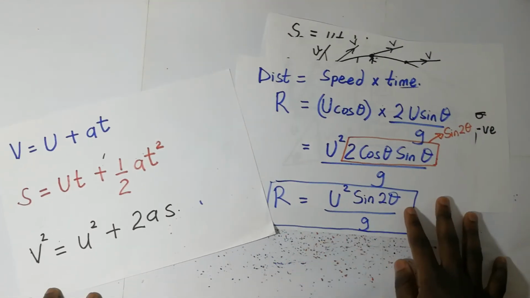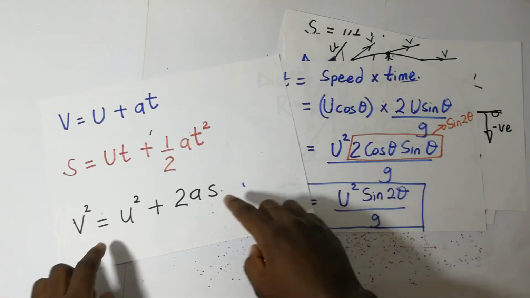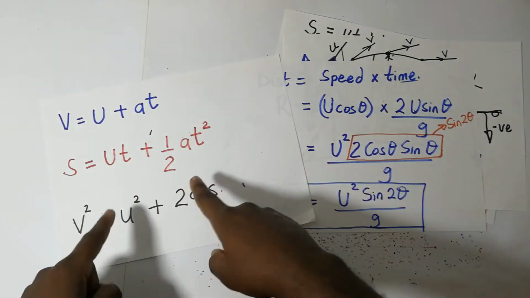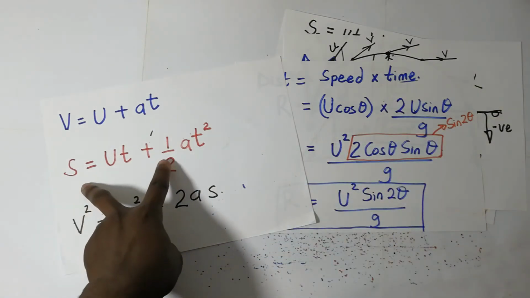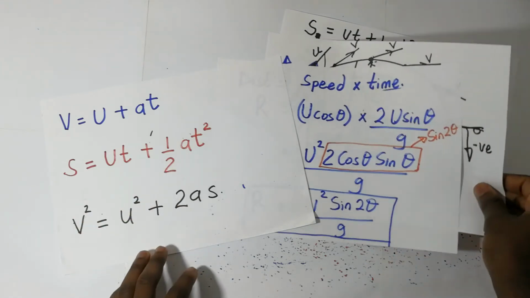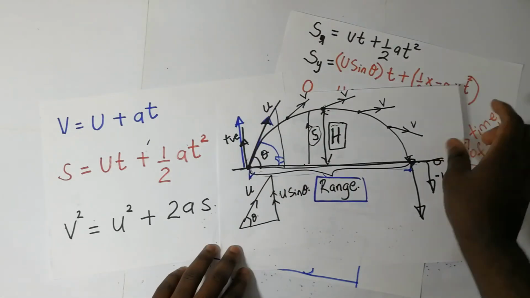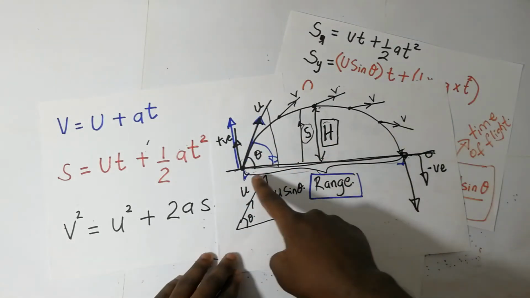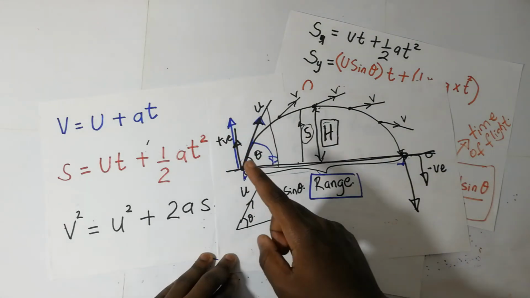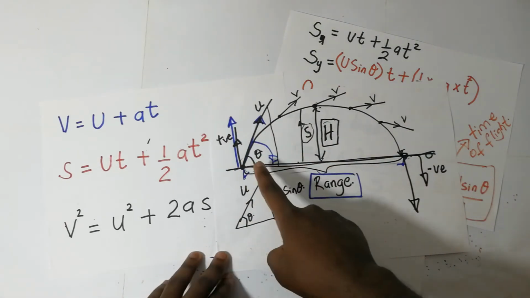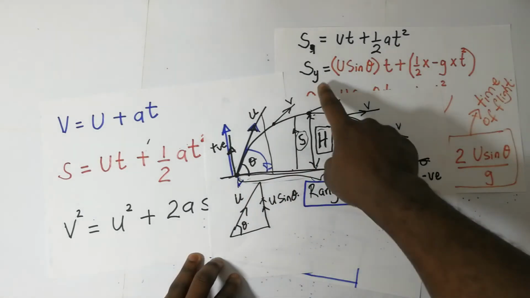Let me answer that. This expression, distance is equal to speed times time, is actually coming from one of these expressions. Specifically, it's coming from the equation for displacement. Take note, previously when we were looking at this diagram, I explained displacement in the positive direction and in the negative direction, and that's the kind of displacement we were talking about when dealing with displacement in the y.